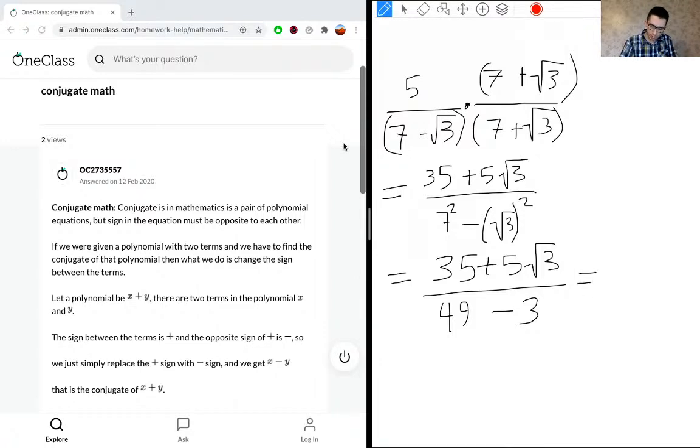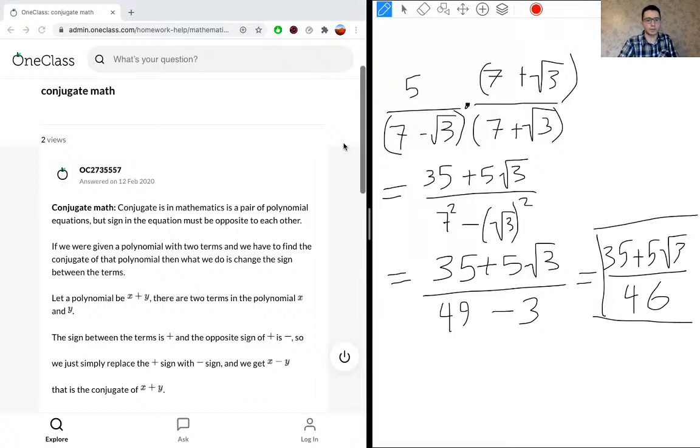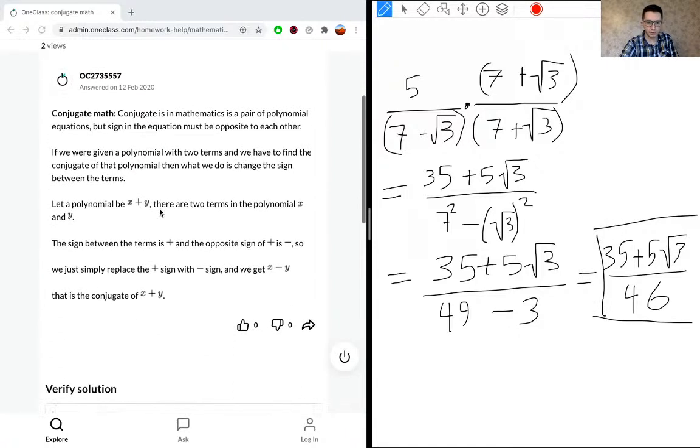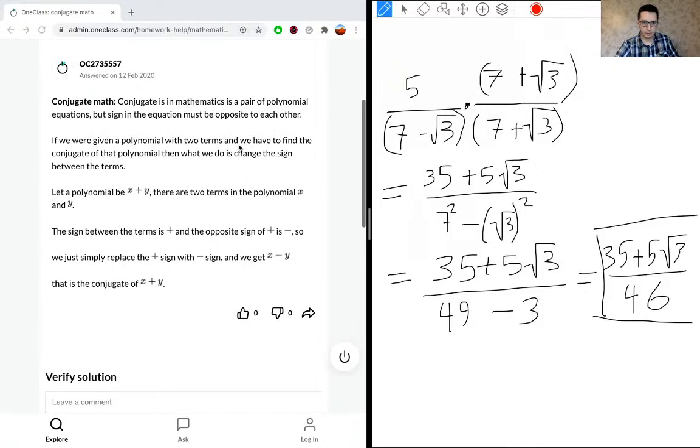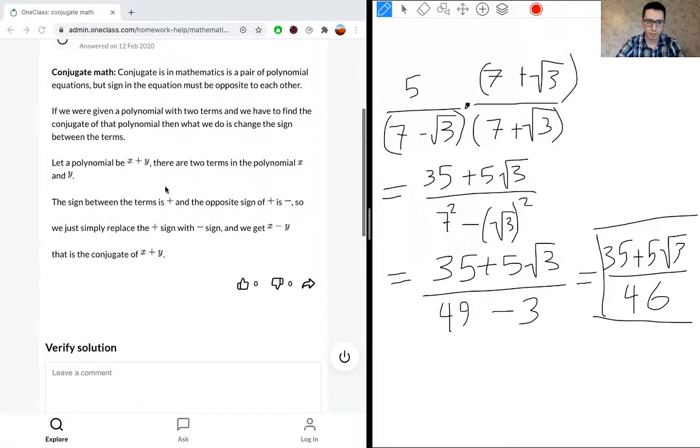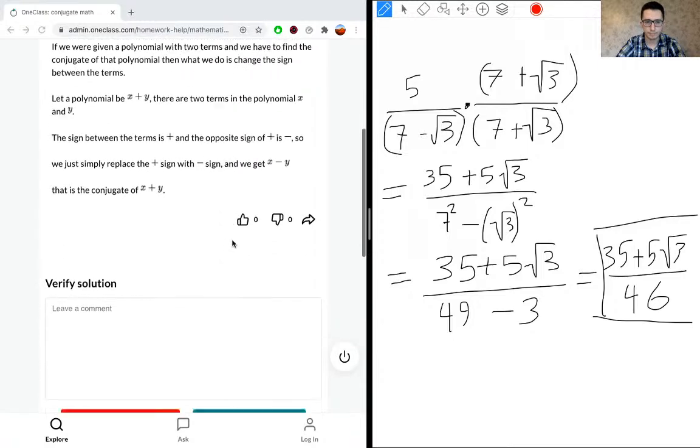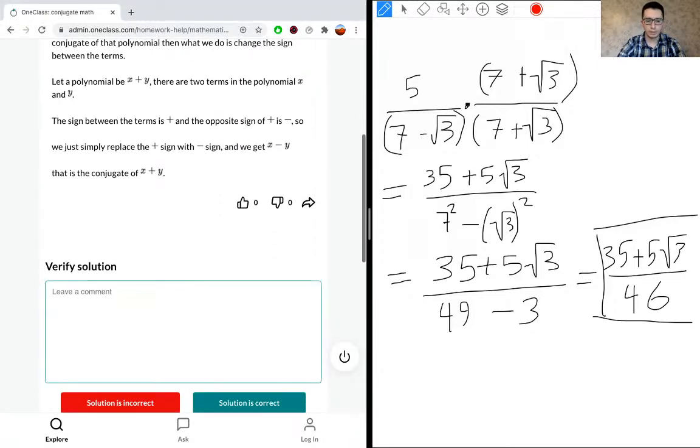And then we end up with 35 plus 5 square root 3 over 46. We've eliminated the square root in the denominator, and we've gotten the final form here. So that's just an example of where conjugate math is useful. So the answer here describes conjugate math correctly. It gives the example x plus y and x minus y. The explanation is correct.